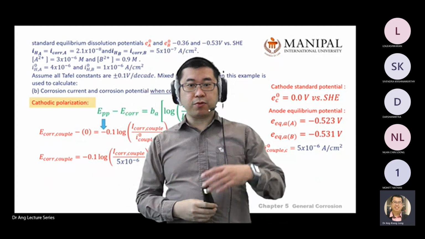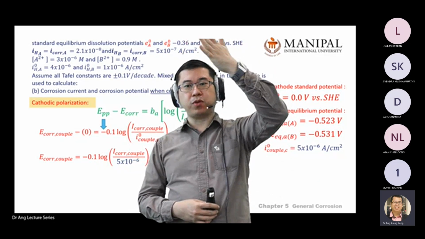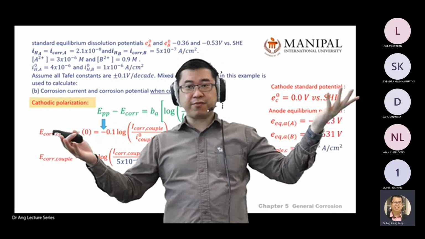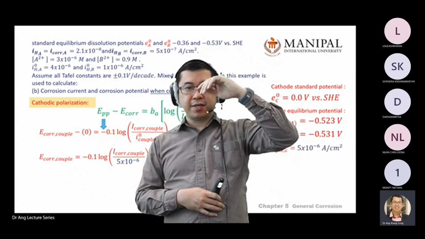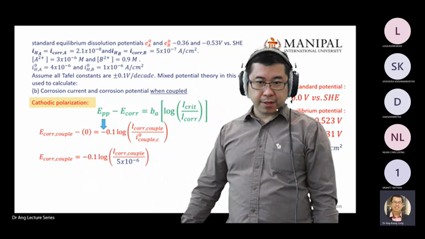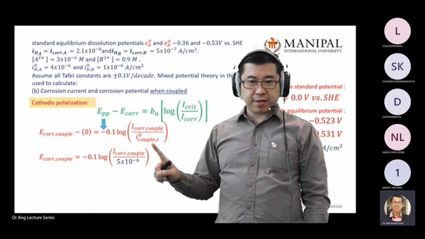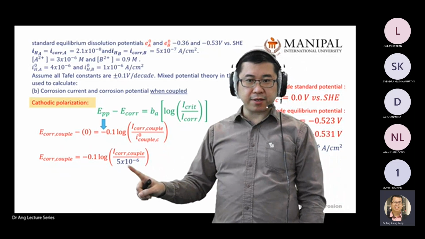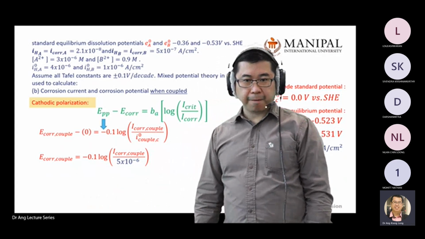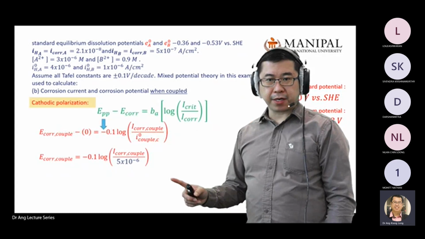Because nothing happened to the higher nobility at the cathode. Nothing happened to that individual, right? He just lies there and receives electrons. Nothing happened to the potential, right? So the passive potential here is 0. Then you rearrange. You substitute the combined current density just now. You get one equation.